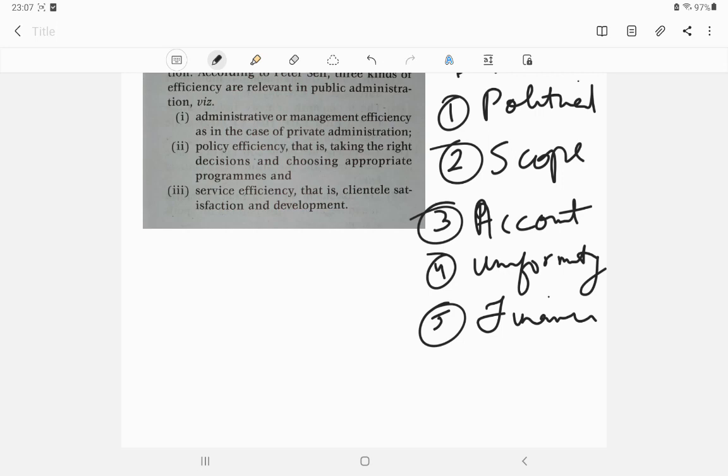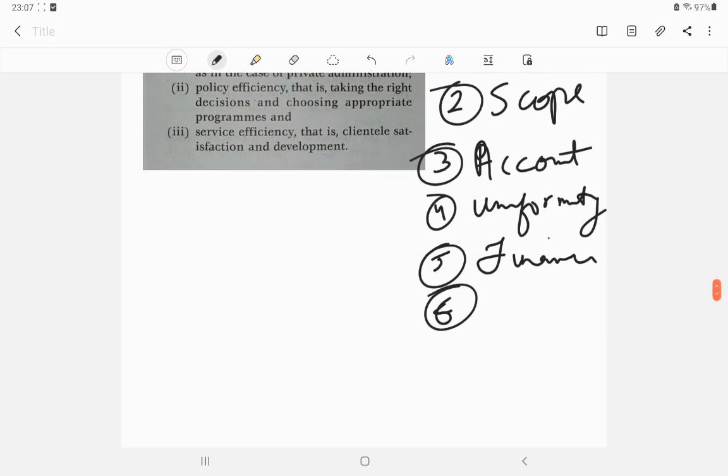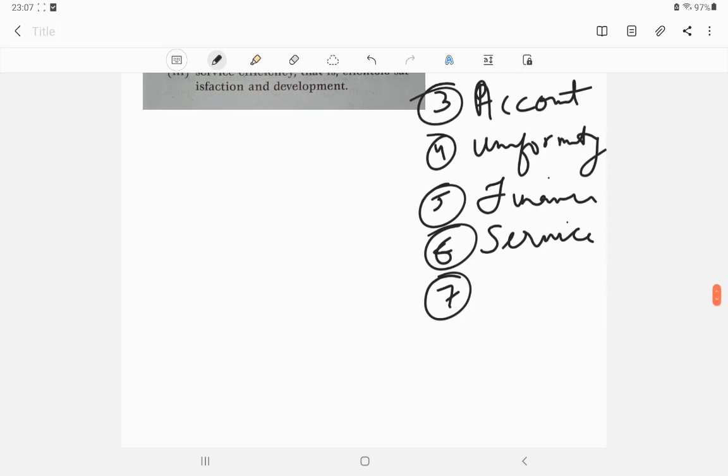Public administration depends on the legislature for salary, whereas private administration does not depend on the legislature for their salary. Next, service motive. Public administration has a public service motive, private administration has a profit motive.